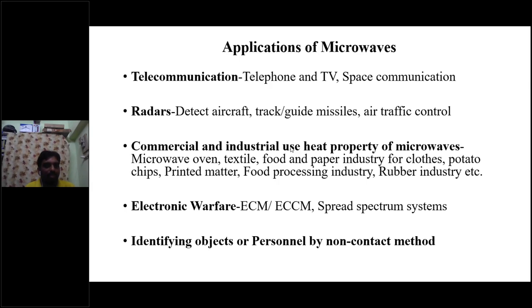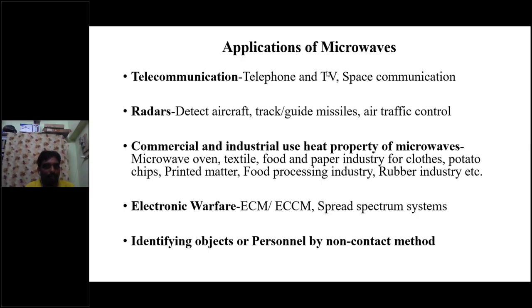We can expect one question from this in either part A or part B. From this unit, they can ask what are the applications of microwaves, or draw the frequency spectrum of microwaves. We can just list them out, we need not write all the explanation. They can ask for any 3 or 4 applications, so just read any 5 or 6 you learned, and write any 2 or 3 of them. We can expect this from part A.